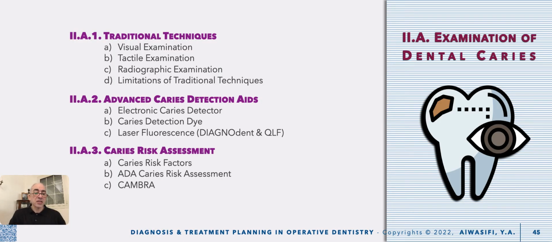In traditional techniques, we started with visual examination, and we still have some topics that are undiscussed up till now. We already discussed the visual examination simply by light and mirror.